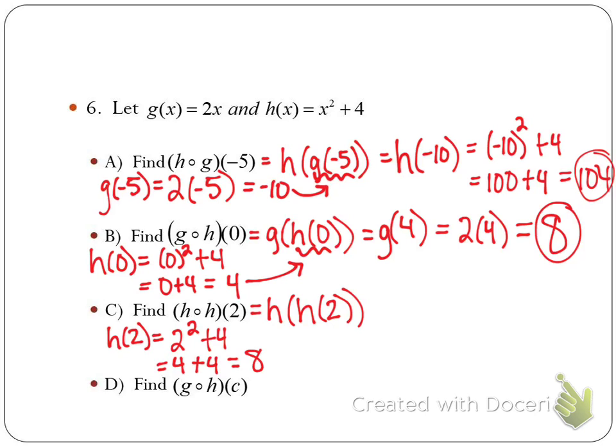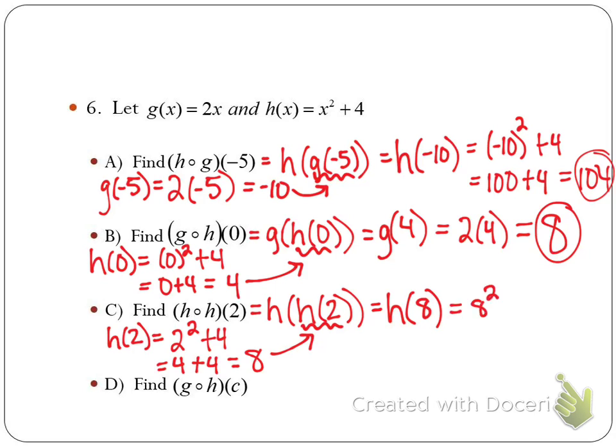So now instead of the inside h of 2, I'm going to replace that with what number? 8. So we end up with h of 8. So we're just reusing the h function again, but this time we're replacing x with what number? The 8.